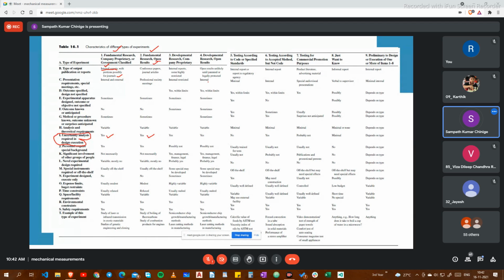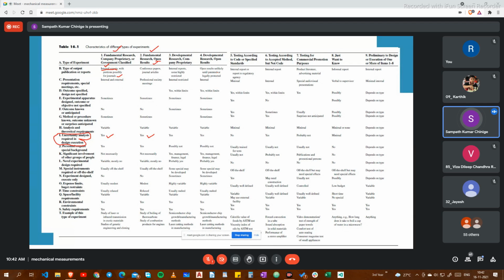You cannot easily look at them the way you look at fundamental research. Open results cannot be published in a journal paper or something. These are results which are patented with a special company. When you say it is patented, that means you are protecting the output by legal rights.